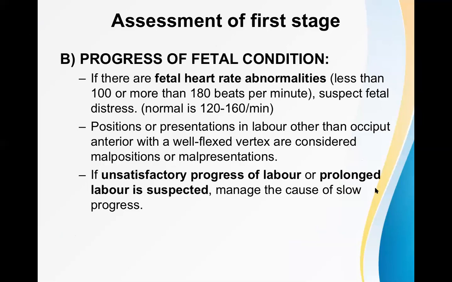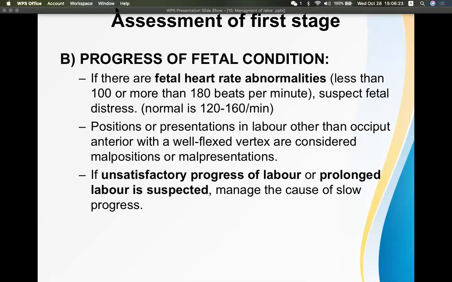One important way of examining the fetal condition is hearing the fetal heart rate, either by a fetoscope, by your own stethoscope, by Doppler, or sometimes by a special instrument called cardiotocograph, CTG. If there is fetal heart rate abnormality, less than 100 per minute or more than 180 beats per minute, this is called fetal distress. This is not normal, because the normal fetal heart rate is between 120 to 160 per minute.